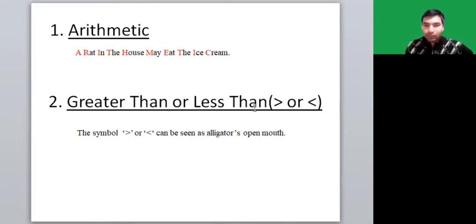The alligator will open its mouth towards the greater number. So this acts as a mouth. Here the greater number will be there, and here the lesser number. Okay, interesting. All right.